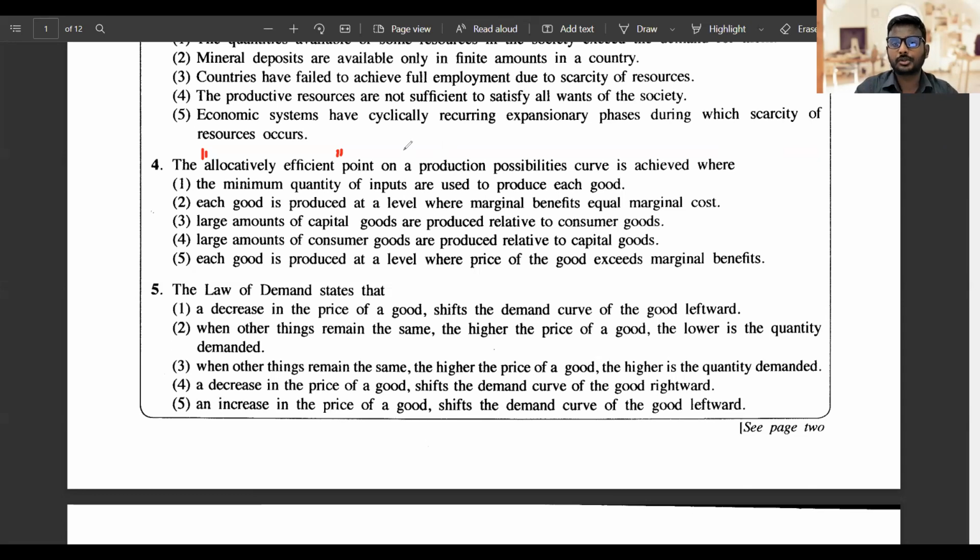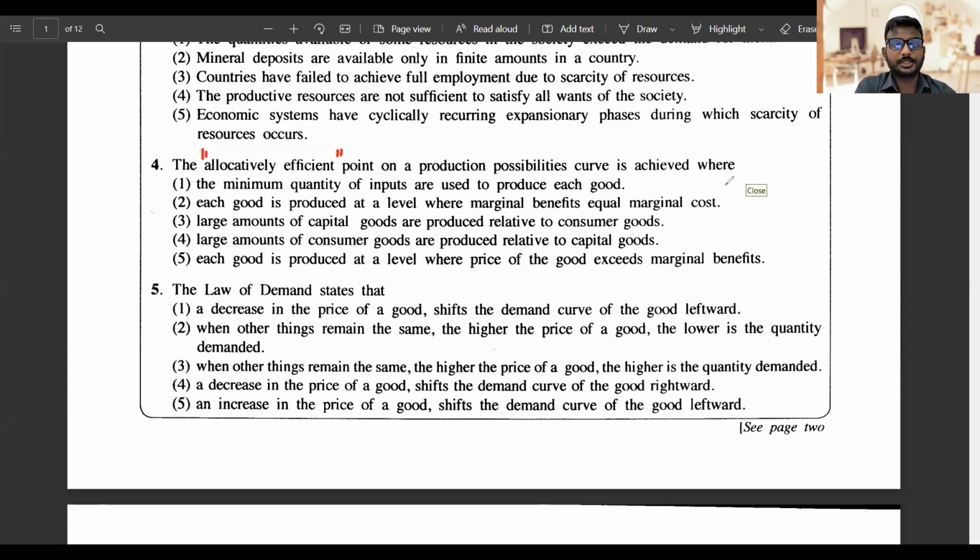If the market doesn't do that, we call that inefficient allocation of resources, and we also call that situation market failure. When the society wants 120 units, but the market is producing more than that, or less than that, that is called allocatively inefficient or market failure, right? Now, for allocative efficiency to be achieved, there is one condition that should be met.